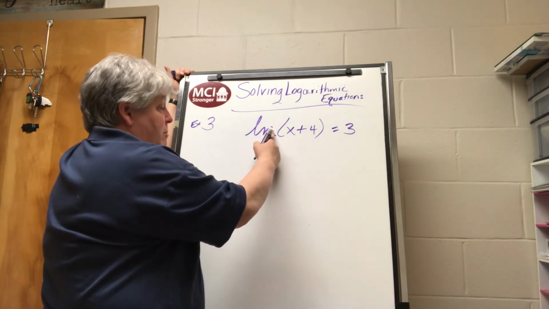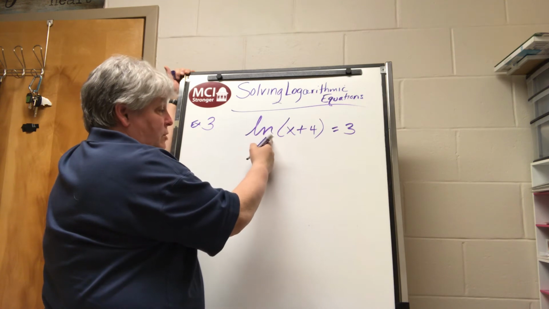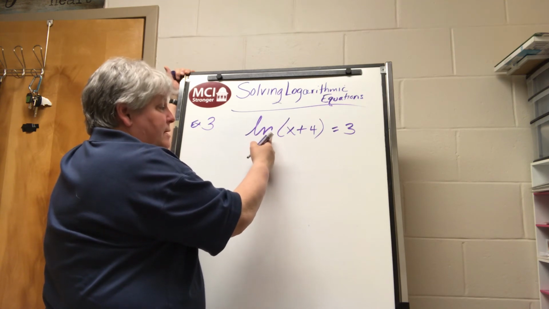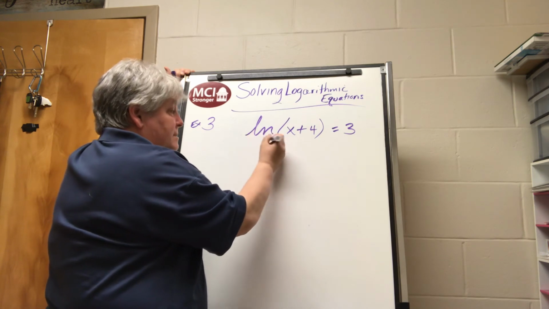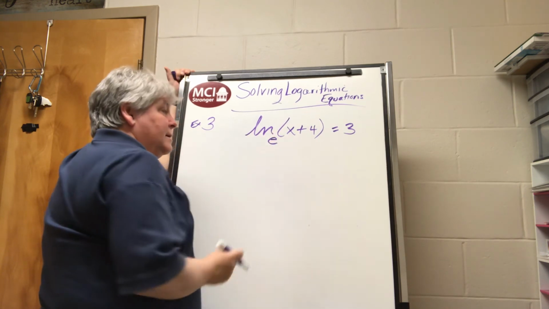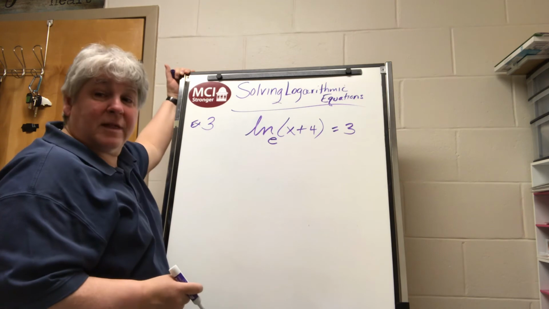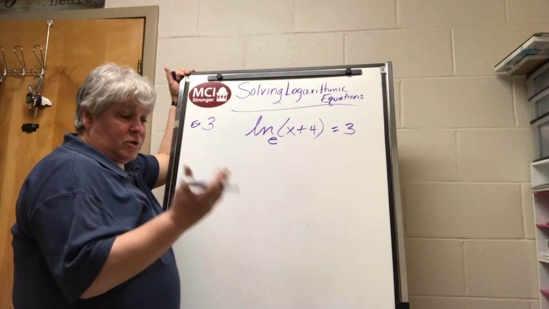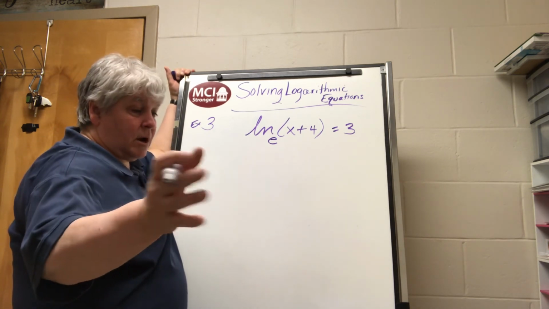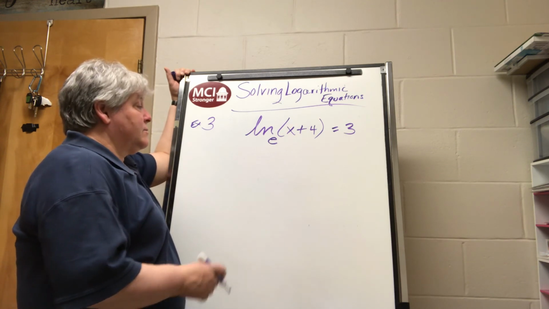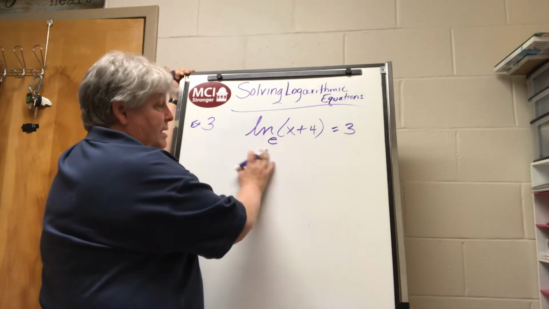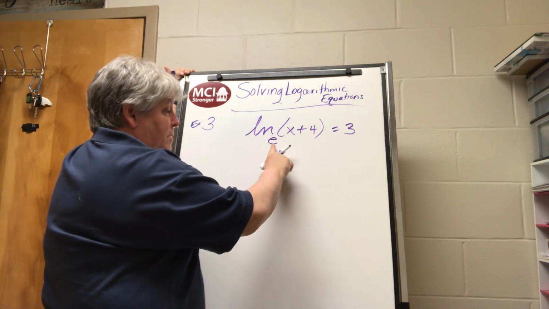Now, do you remember that when the base is not written out, it's either a 10 or an e, and if it's ln, it's an e down here. e was one of those weird little numbers like pi, in that the digits keep on going and it never had a repeating block. So let's go ahead, it's ready to write in exponential form.